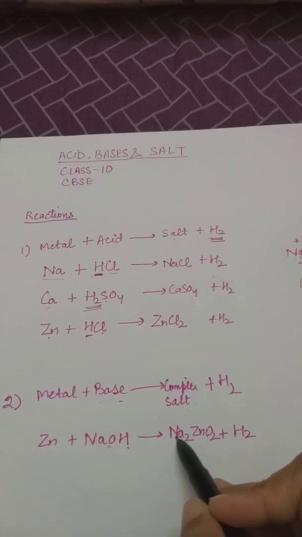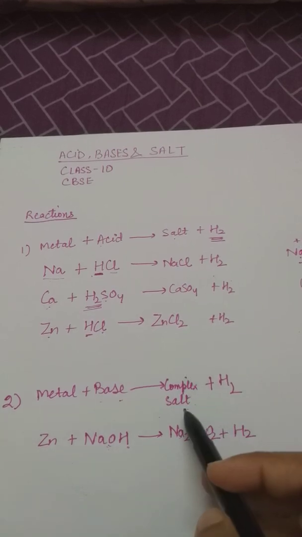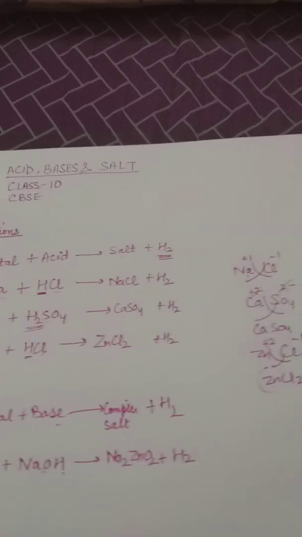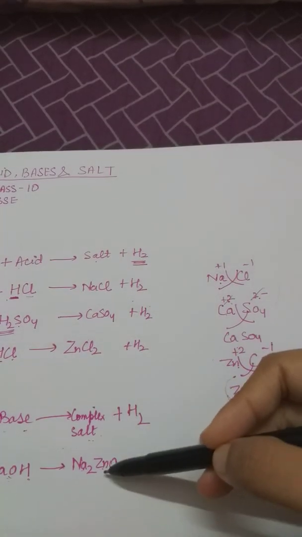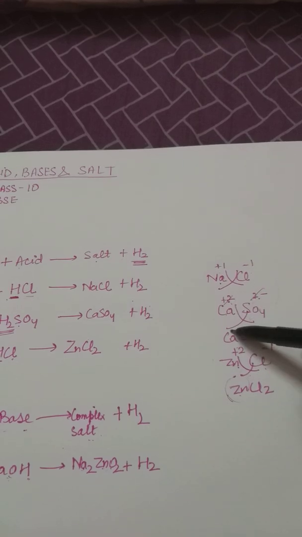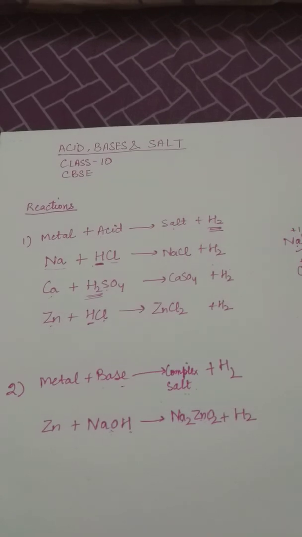This is the complex salt. Here you can see sodium and zinc, two kinds of metals are there, so this is a complex salt. I'm again saying you cannot obtain the formula just by cross balancing the cation and anion; that's not possible in the formation of a complex salt.